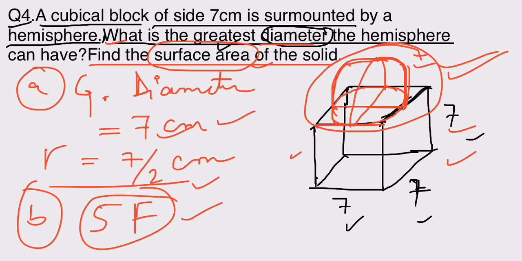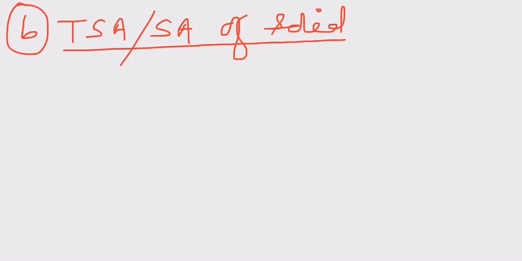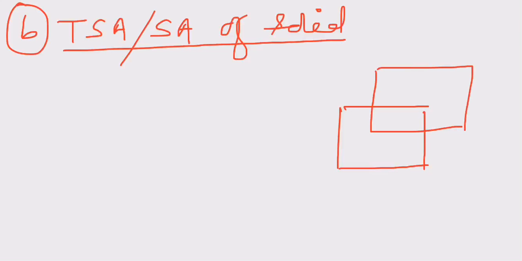Okay, so let's begin on the first page. In part B, we have to find the total surface area of the solid. In the first page I showed you that in the cubical block, 5 faces are clearly visible.